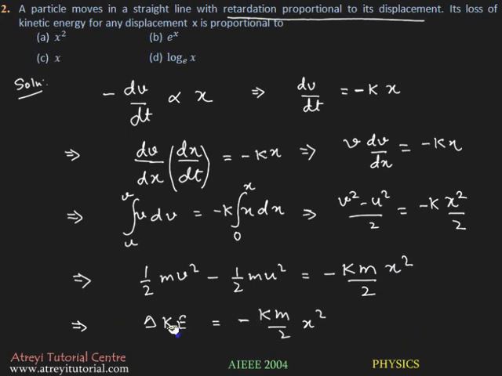The minus represents that the change in kinetic energy is negative, meaning the final energy is less than the initial energy, that is, there is a loss of kinetic energy. So the loss of kinetic energy is proportional to x square, since the rest is constant. Option A is correct.